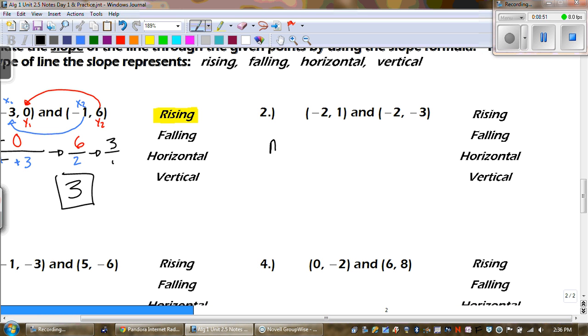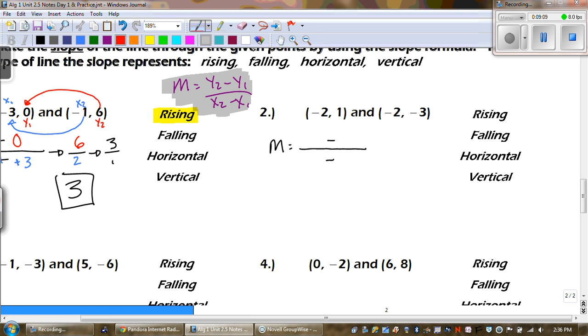Okay, let's set up our next one. And just remember our formula right here, that m equals y2 minus y1 over x2 minus x1.